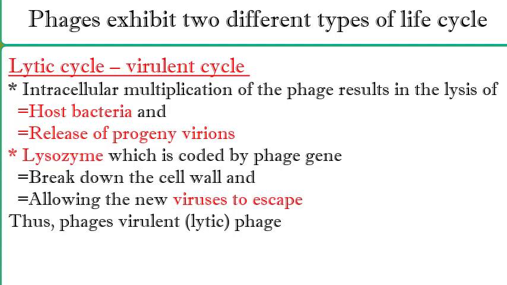Therefore, phages or viruses such as T4 are called virulent or lytic phages because they lyse and destroy the bacteria or host cell they infect. Such infection by virulent phages is the lytic cycle of infection. The released phages can now infect more susceptible bacteria and start the infection process all over again.